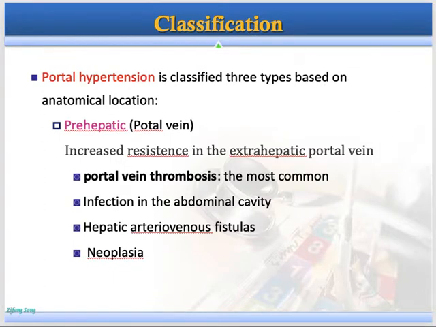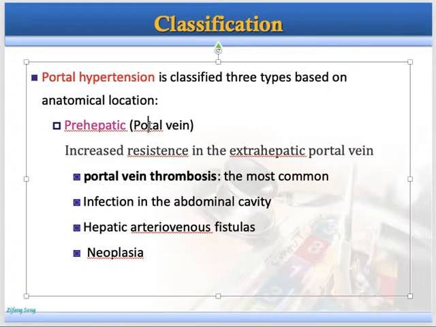Now you can see over here, if we classify portal hypertension, it can be classified into three types according to the location: prehepatic, before the liver, which is the portal vein, where there is increased resistance in the extrahepatic portal vein.